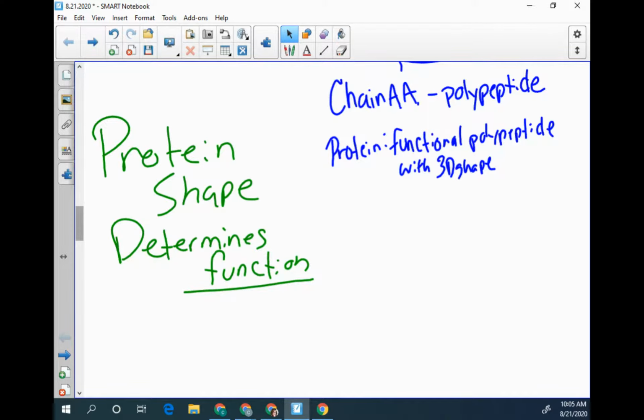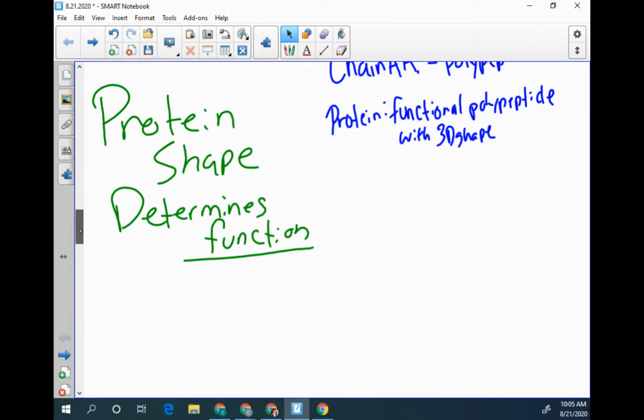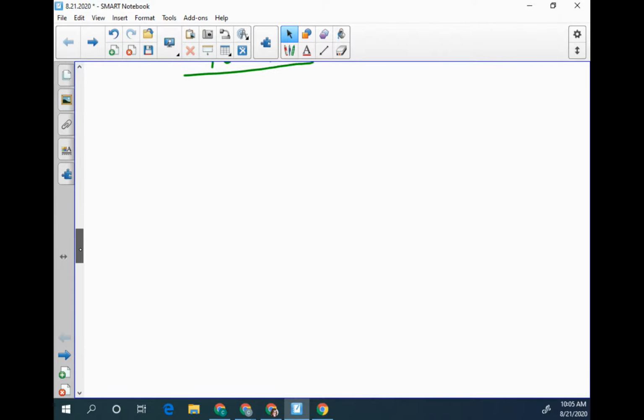And if you want to go ahead and write that ACE equals enzyme too, I won't be mad at you, because that one's a pretty important key term too. So protein shape determines function. Without a proper shape, the protein can't perform its given function.